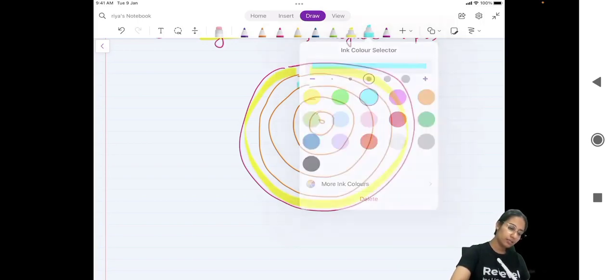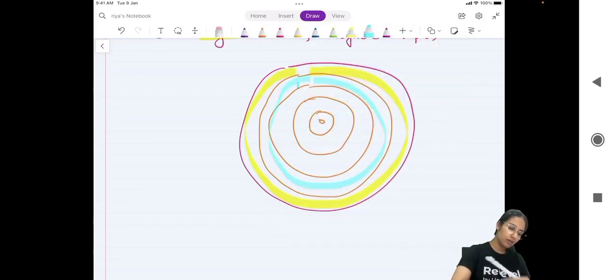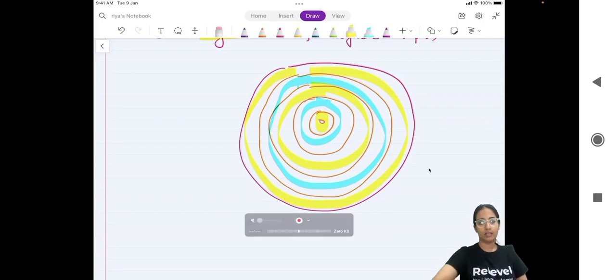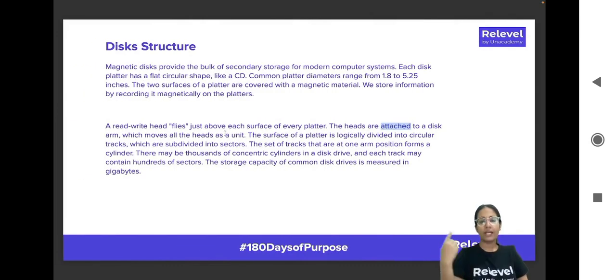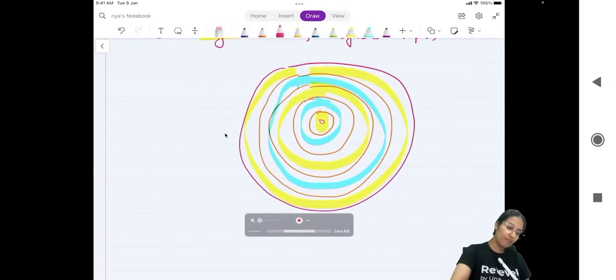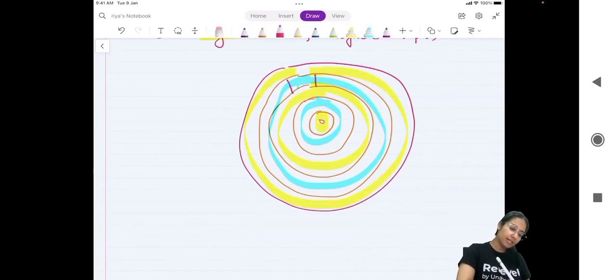This is another track. This is another track. This is another track. And this is another track. So this is how the entire platter surface is divided into logical circular tracks, which are subdivided into sectors. Every track is divided into sectors.